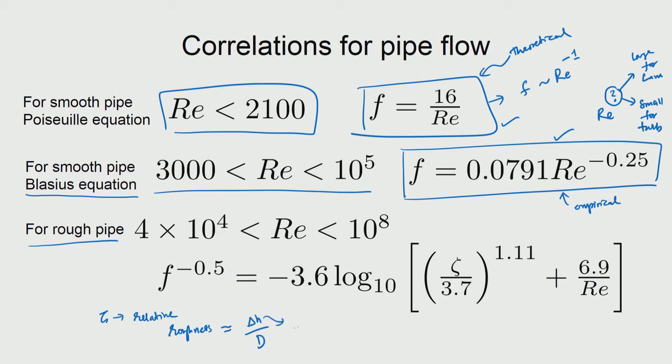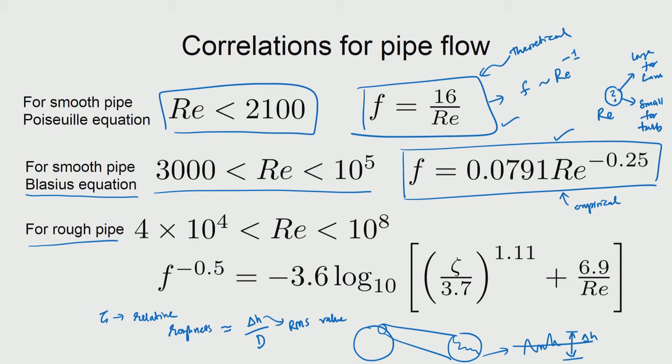Delta H is usually the RMS value, that is, root mean square value. So if you look at a pipe and inspect the inner surface, that region would appear to be rough like that. And this profile, if you were to see its root mean square value, this delta H is what is given as roughness.